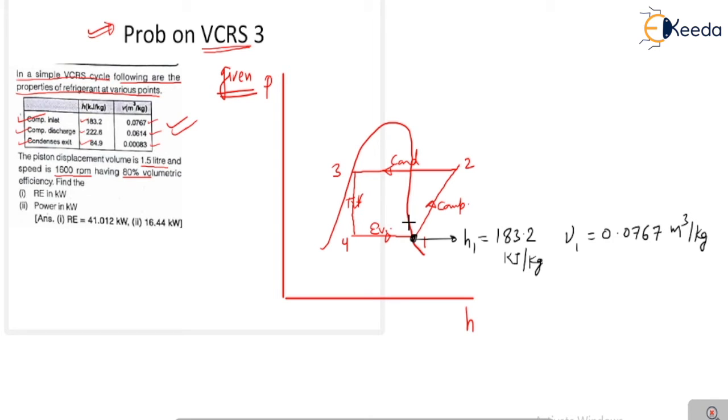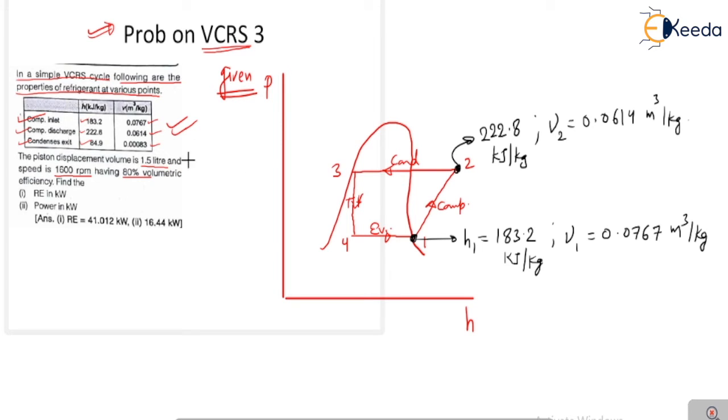Is it right? Now this is your compressor discharge. Here the enthalpy is 222.8 kilojoule per kg, and the specific volume at that point is 0.0614 meter cube per kg. Is it right?